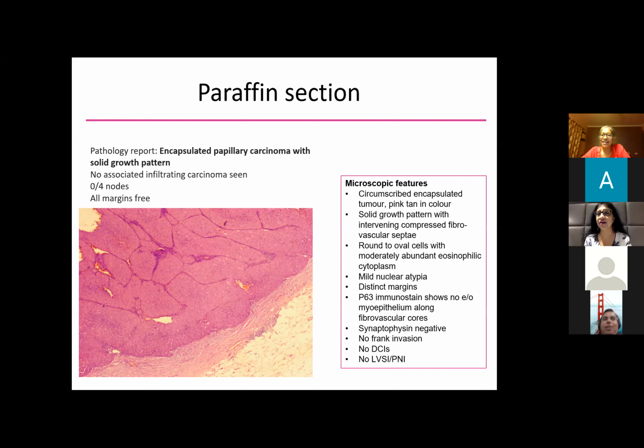Right. Dr. Gopal, considering her histopathology report and her immunohistochemistry, and after listening to Dr. Tanuja's talk, what is your take on adjuvant systemic treatment for her? So, adjuvant chemotherapy in papillary, tubular, and mucinous, all are basically favorable histology.